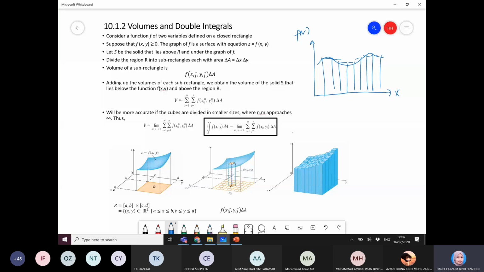You divide the interval a to b into n intervals, and you divide the interval c to d into m intervals.